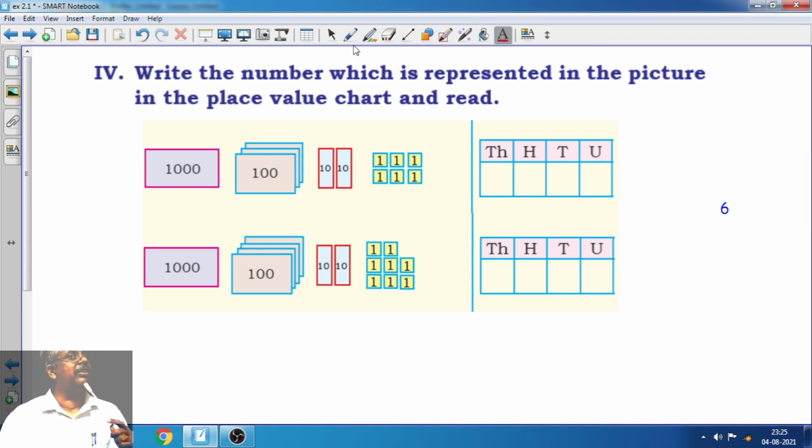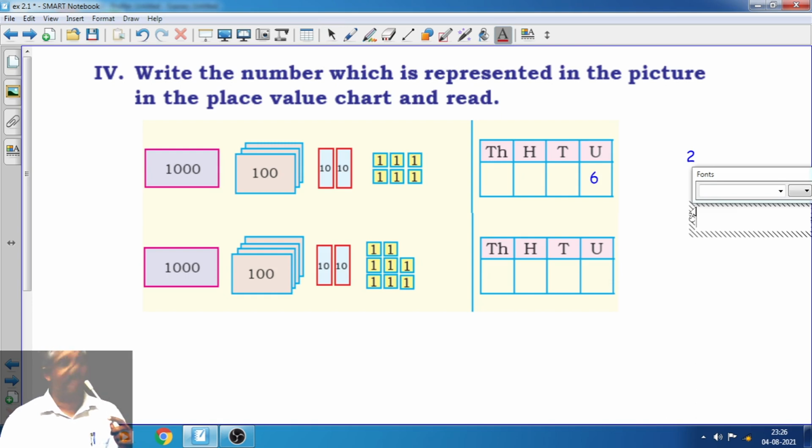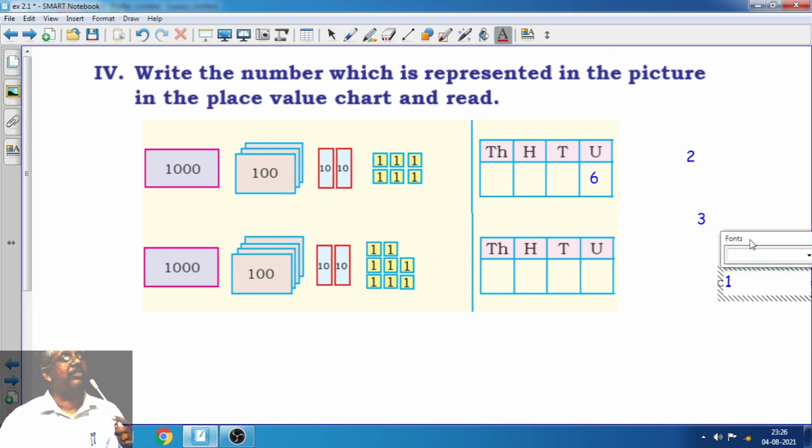And then take this 6 and place it in units place. And then in tens, how many do I have? I think I have 2. So let me write 2. And then hundreds I have 3. And thousands I have 1. So placing is very important.